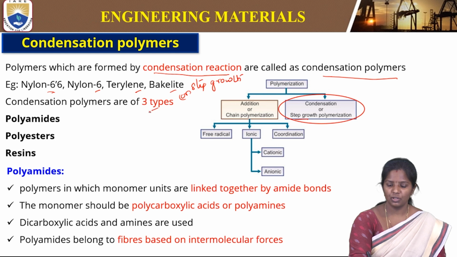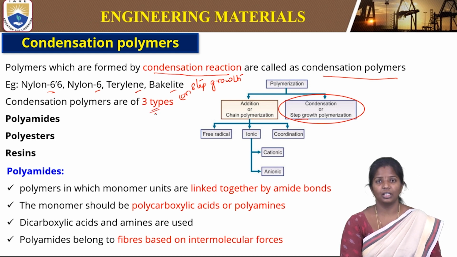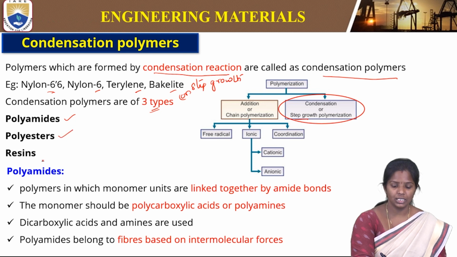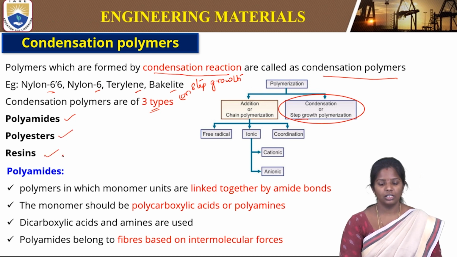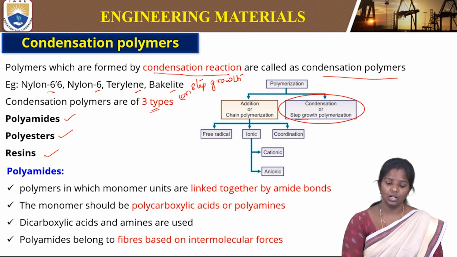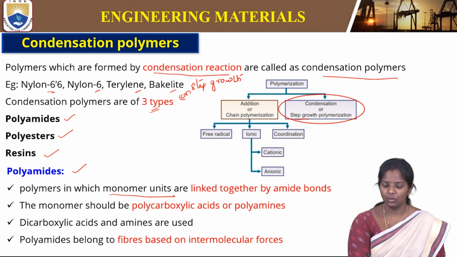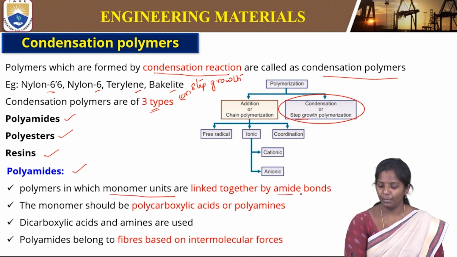So there are three types of polymers from condensation polymerization: polyamides, polyesters, resins. These are the three different types depending on the monomers that are used. What are polyamides? The first one is polyamides, polymers in which monomeric units are linked by amide bonds.